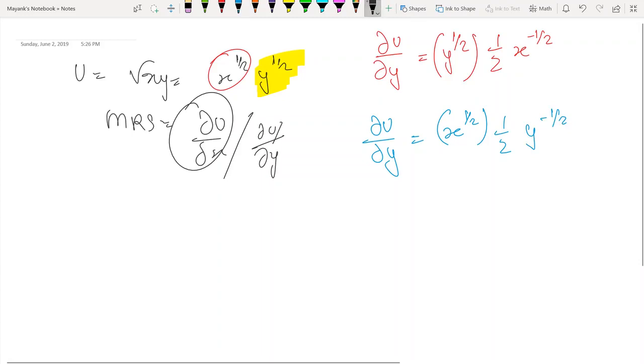Okay. So when you divide these things, half cancels with half, y to power minus half goes up, becomes y, x to power minus half comes down, becomes x. Okay, x to power half, and this thing comes down, so x to power half into x to power half, so that's x to power 1. So y by x.